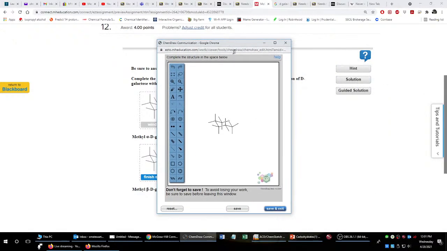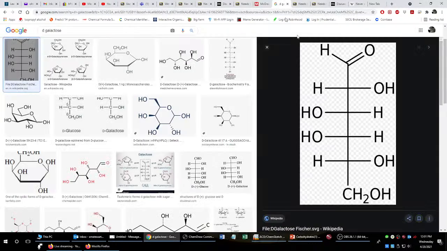They want the alpha form. The alpha form is going to have the OH group down. So the only thing we have to do now is make sure that all the oxygens are in the right place when we draw it. So with this oxygen looping around, we have an OH group down.